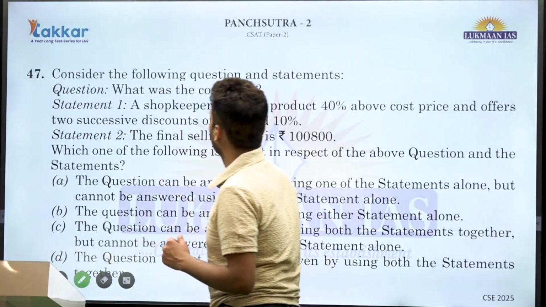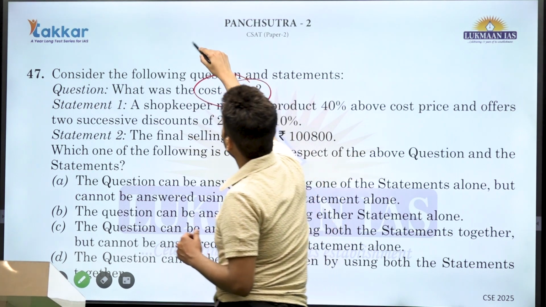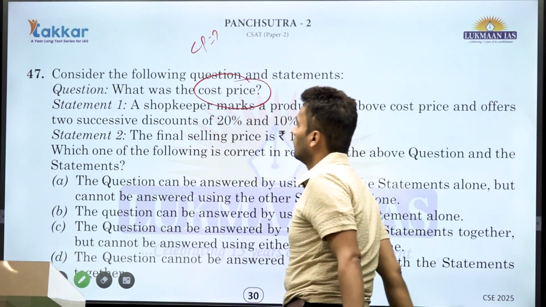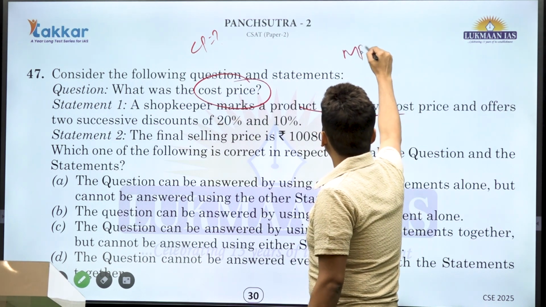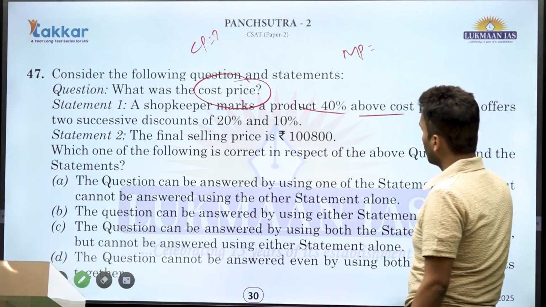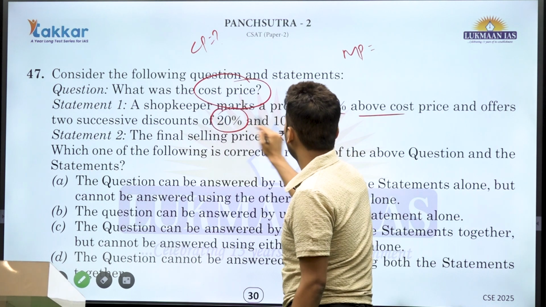Okay, let's see this question. What is the cost price? We are asked what is CP. A supplier marks a product 40% above the cost price and offers two successive discounts of 20% and 10%.